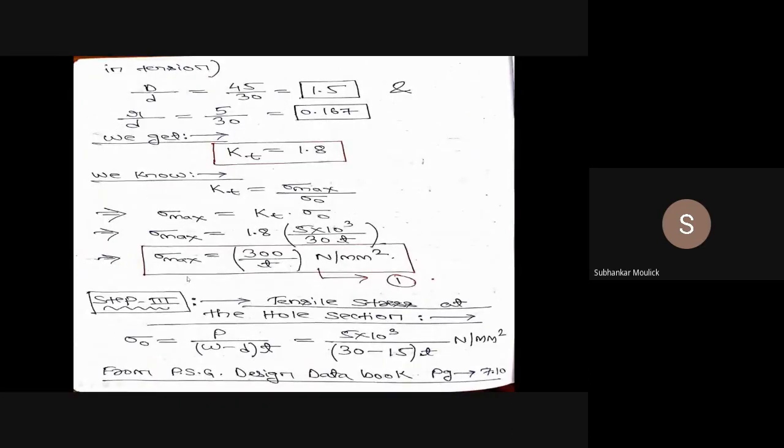You will get the value of maximum stress generated in the entire cross section due to fillet. And that sigma max, once you multiply sigma naught with kt, is coming out to be 300 by t newton per millimeter square. Equation number 1. Is it clear?